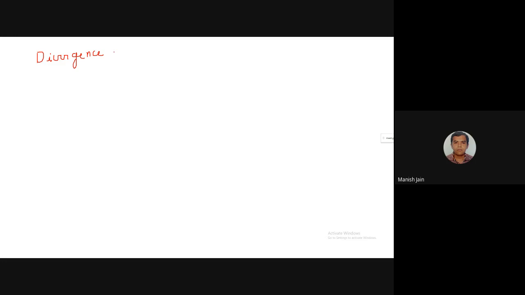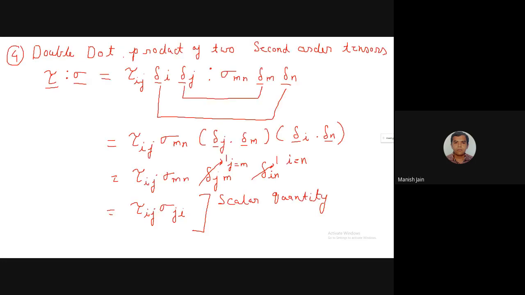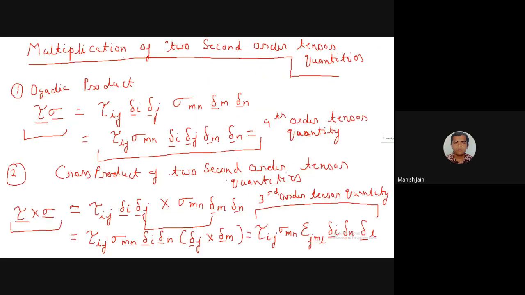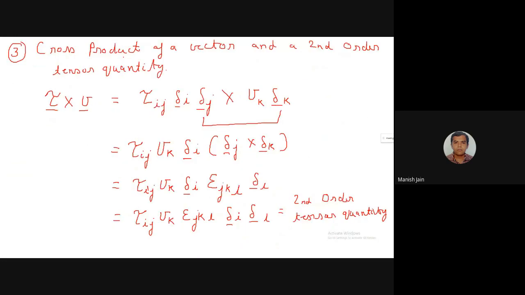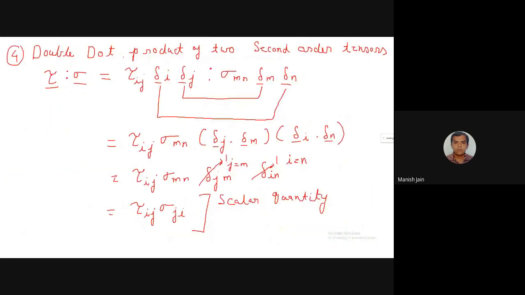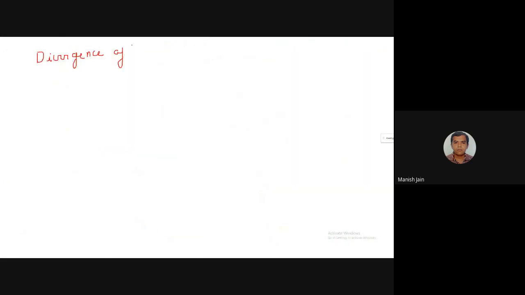Because the del operator is a vector quantity, for the multiplication of a vector and a tensor you have the divergence, the dot product. Divergence of a second order tensor field.